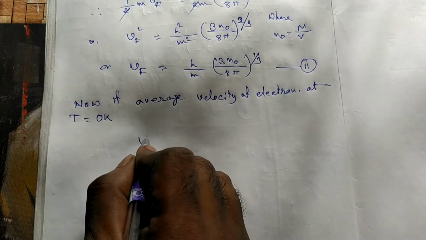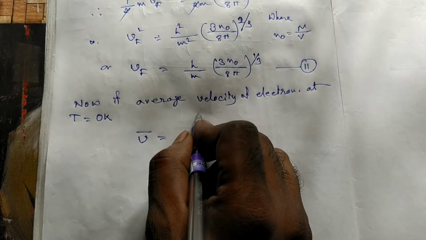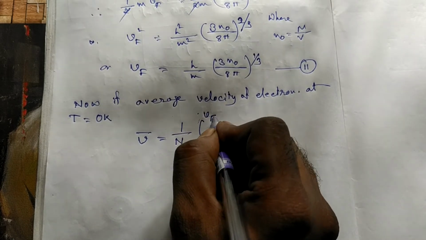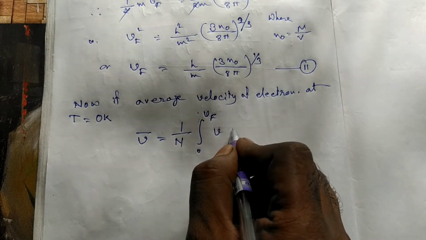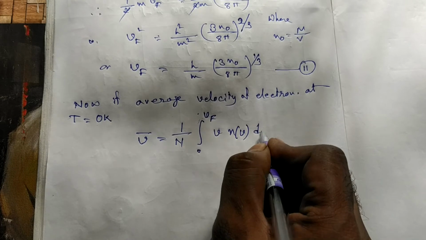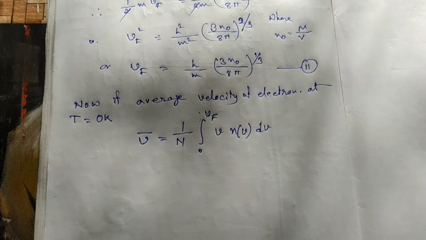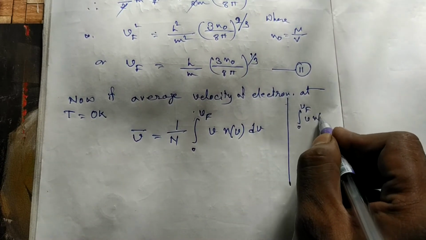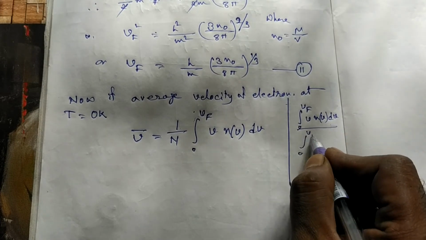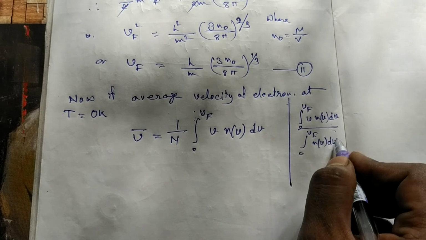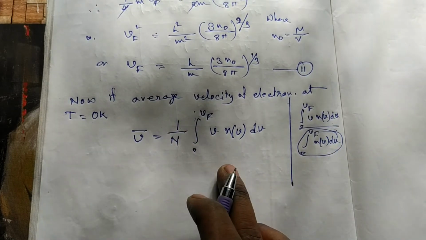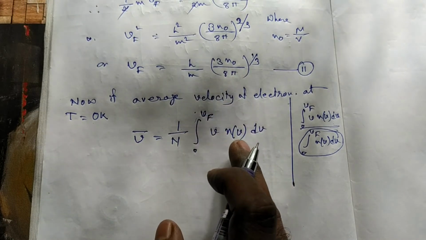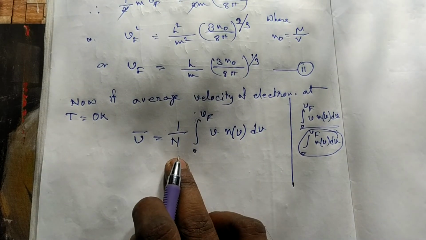Then average V becomes 1 by n, integration from 0 to v_F of V into n(V) dV. That is, integral 0 to v_F of V n(V) dV divided by integral 0 to v_F of n(V) dV: the total velocity per unit volume is divided by the total number of particles.